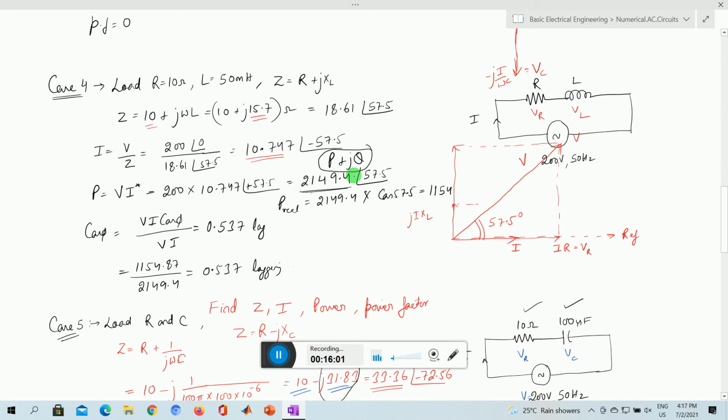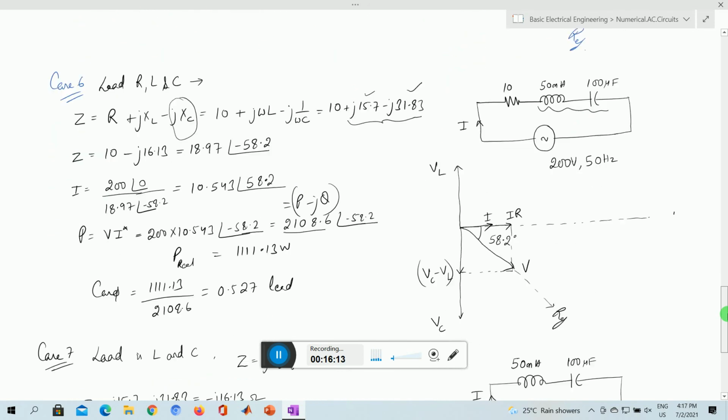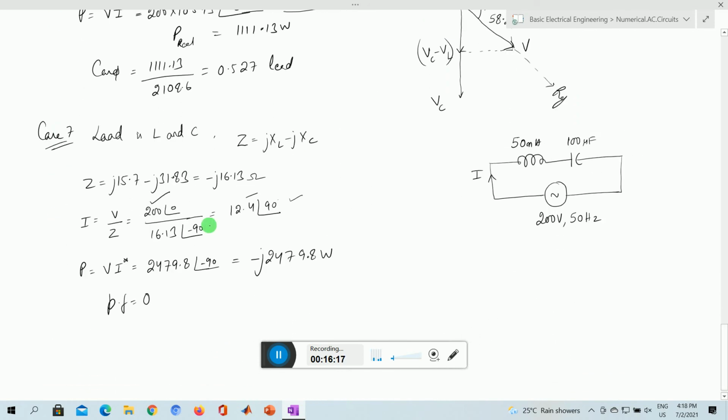So these are the few pieces of information we get from adding inductance and capacitance and taking a circuit with RLC. And for drawing the phasor diagram, again you need to draw it with the current as reference.